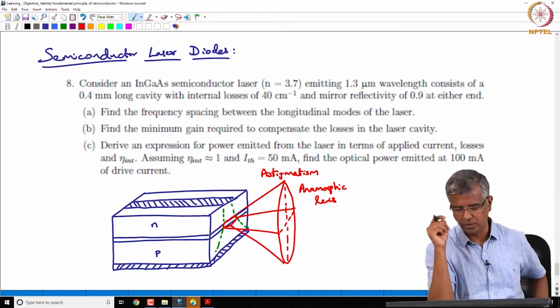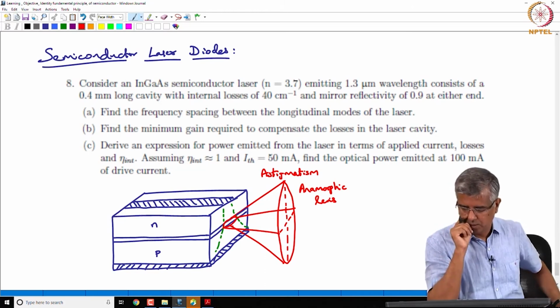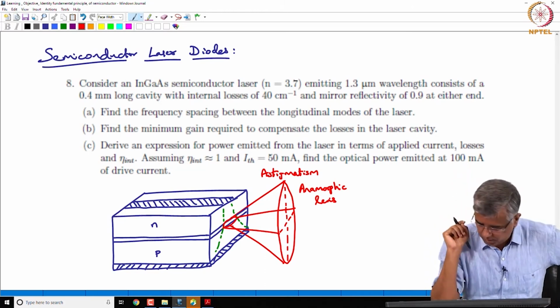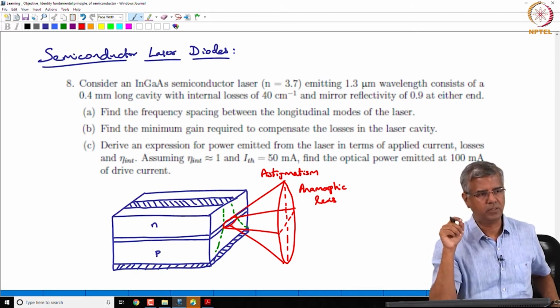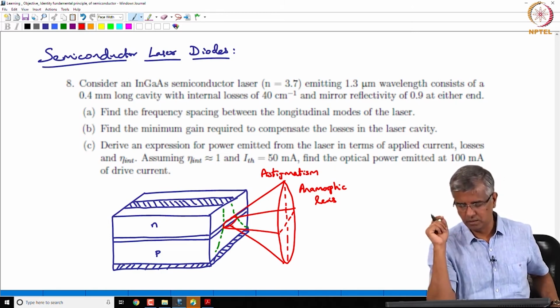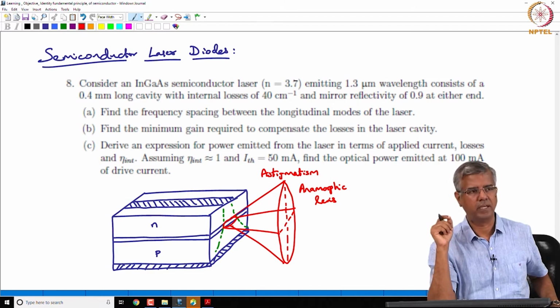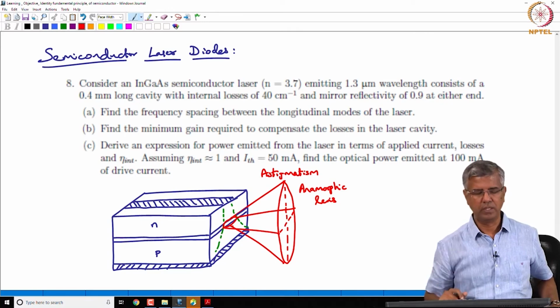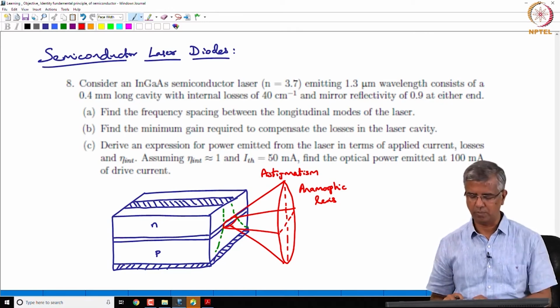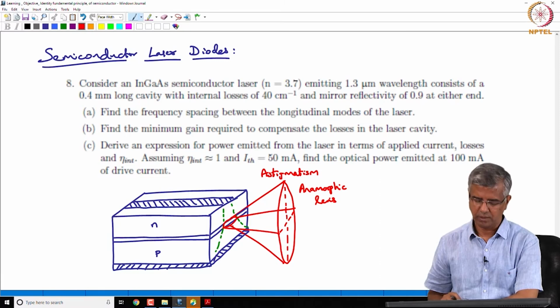So you may want to have a circular beam. That is one property of all edge emitting sources: you typically have astigmatic light output, and you may need to correct for that astigmatism before coupling into the optical fiber.